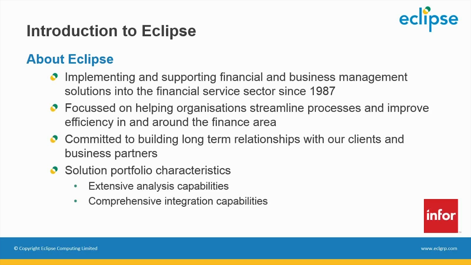Everything within our solution portfolio needs to have certain characteristics. The things that we've found work best over the years are flexible solutions that can be deployed in a number of different ways, whether that's via the web, across multiple locations, multiple companies, multiple currencies, multiple languages, but also things that allow customers to really get the most information out of those systems. So things that have extensive analysis capabilities.